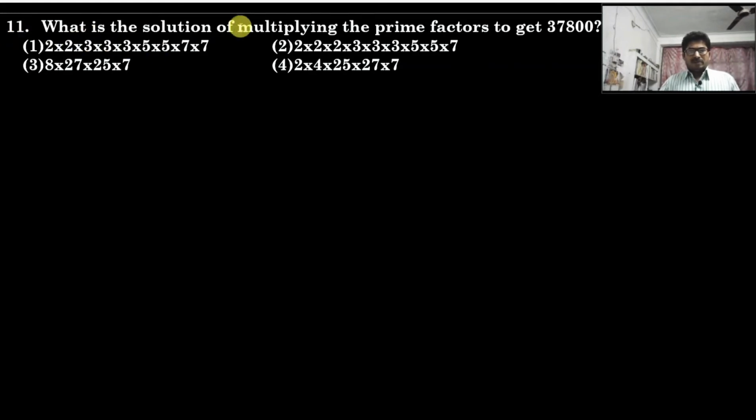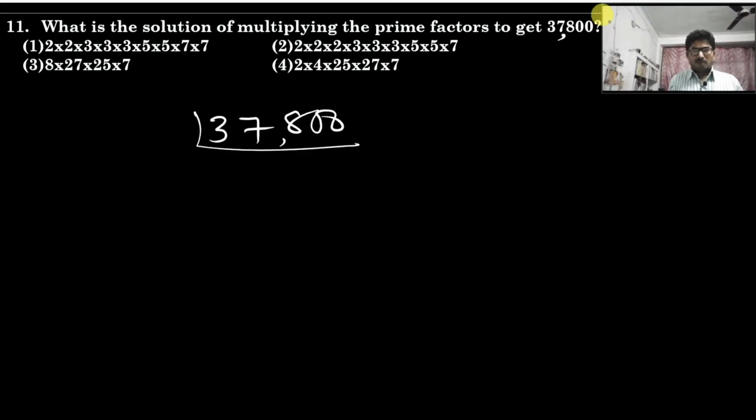11th one, what is the solution of multiplying the prime factors to get 37,800? To find the prime factors, prime factorization, we follow this process. 37,800.